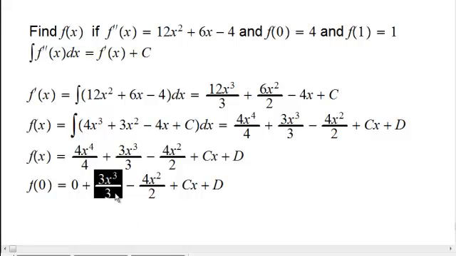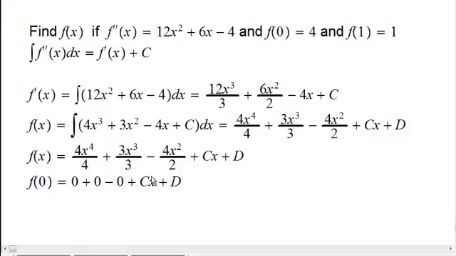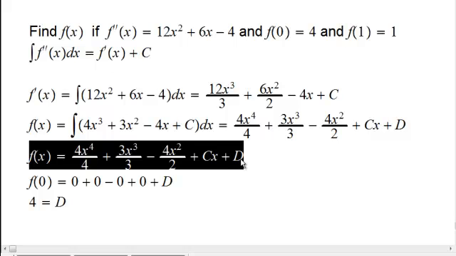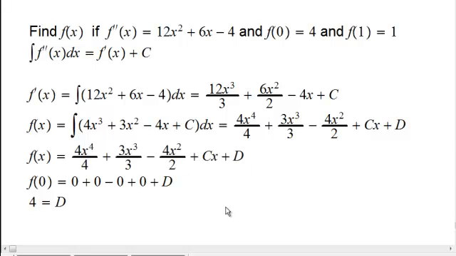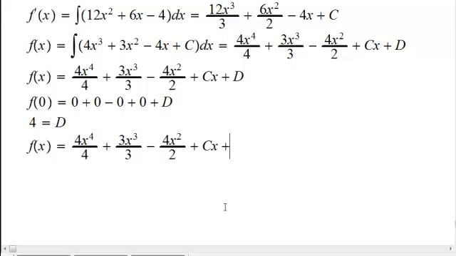I can ask easy questions, right? 0, 0, and 0, right? How much is f of 0? 4, right? Equals D. Oh, that's a relief, isn't it? I like it. So D is how much then? 4, right? Everybody clear?